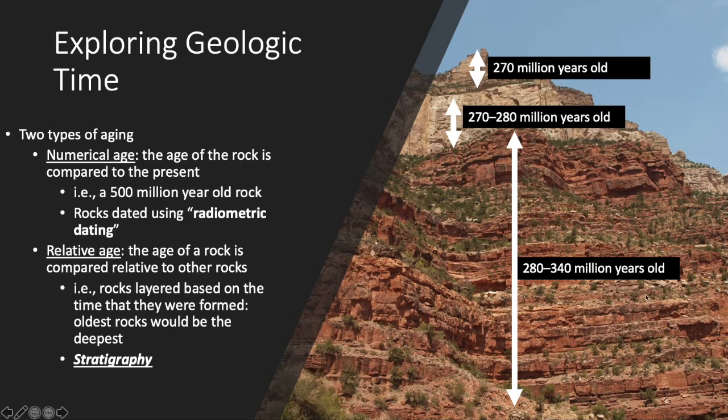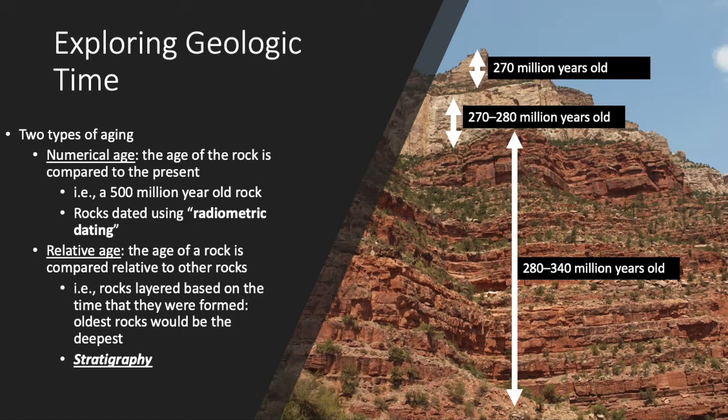So how do we discuss these time periods? Because you can't just keep always saying rocks are 340 million years ago or 270 million years ago. And frankly, our way of dating rocks is precise, but it's not that precise. We can't give you an exact year or an exact day when a rock was formed.